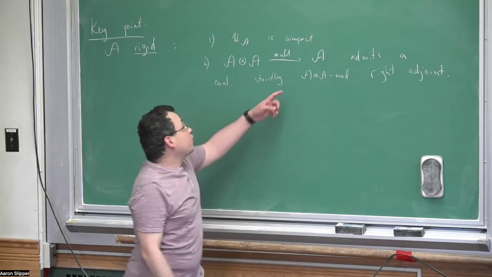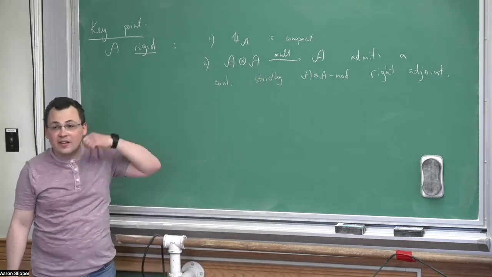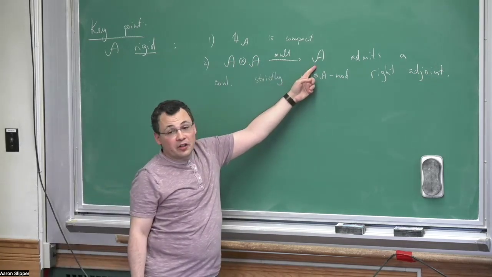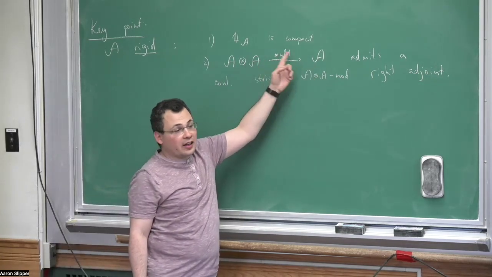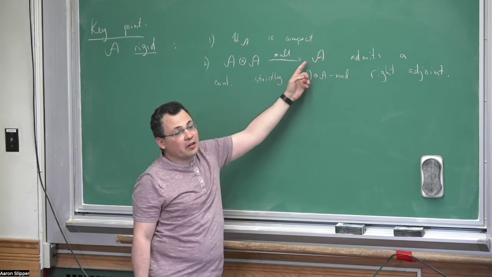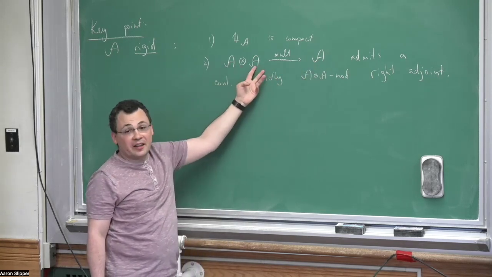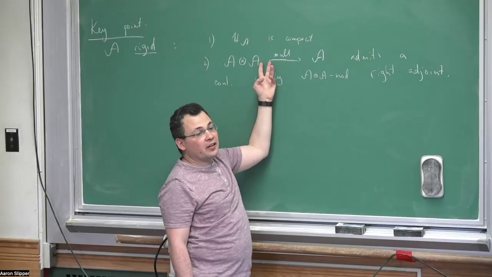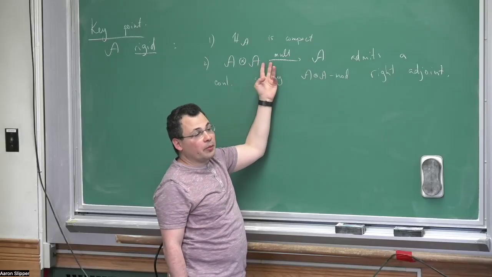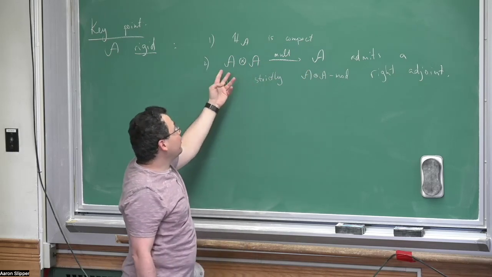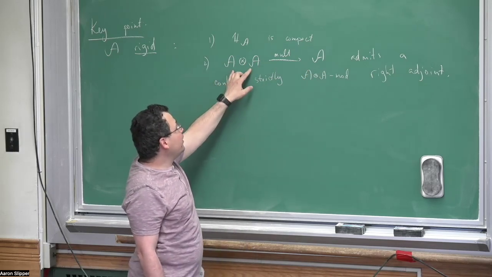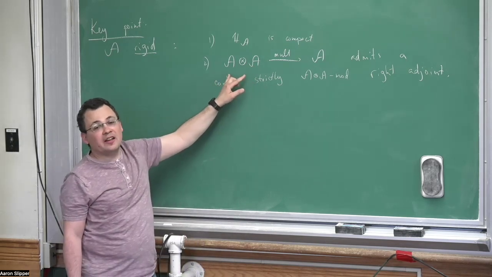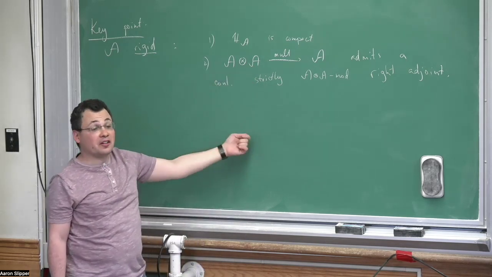Let me decipher this. First of all, it admits a continuous right adjoint. This is a tensor functor because A is a symmetric monoidal category. So in particular, you can think of A as a module category for A tensor A, and you want the right adjoint to have two properties. One is that it preserves all colimits, and two is that a priori it's going to be a right lax module map for A tensor A, and you ask that this be strict.